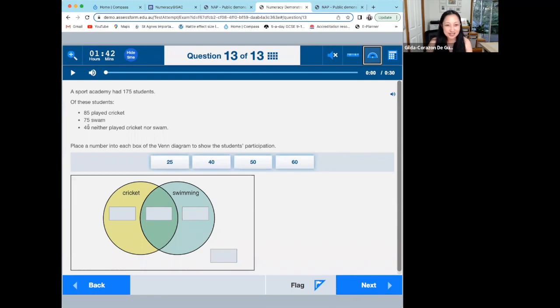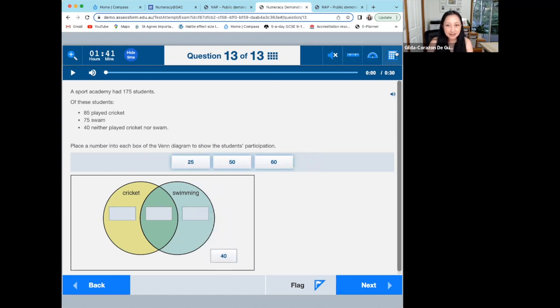Right, this is what we call a Venn diagram. So we've got here 2 sets, those who play cricket and those who swim. Now, it says here, there are 40 who didn't play any of them. So maybe this one here would need to go outside, yeah?